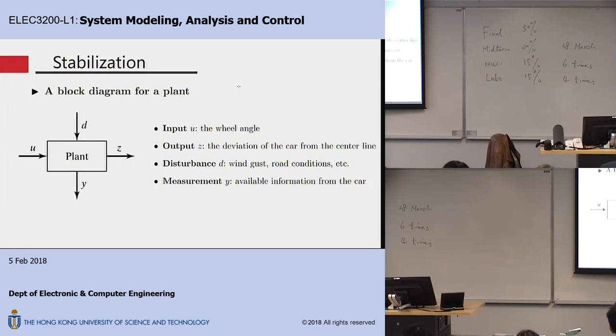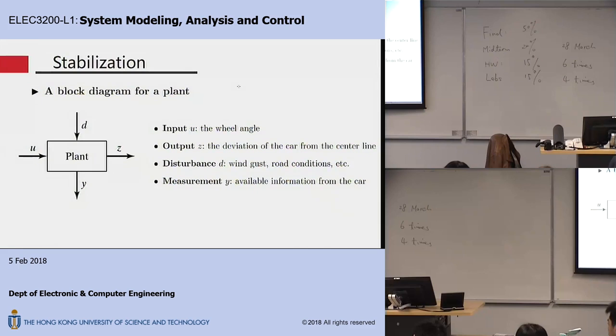Wind condition, the weather condition might be another disturbance, right? All this unexpected stuff. Disturbance is something you cannot do anything about. It's external. You don't know when it happens. When it happens, you cannot stop it.